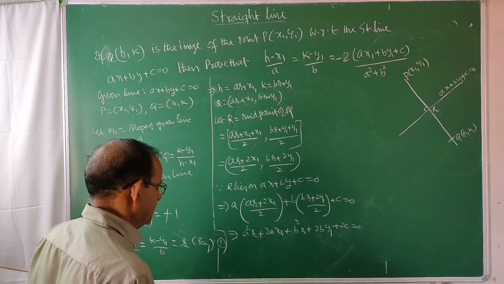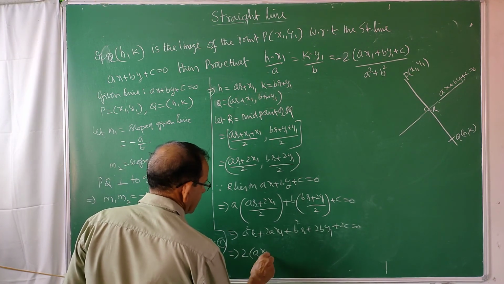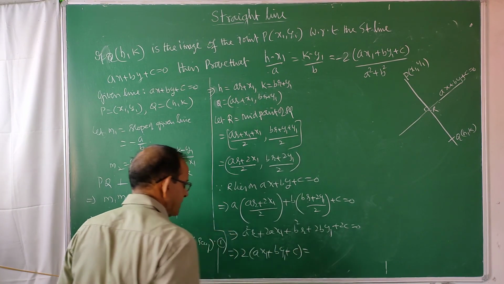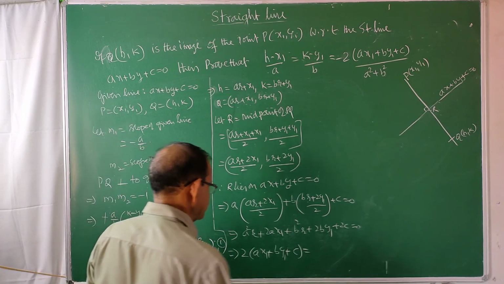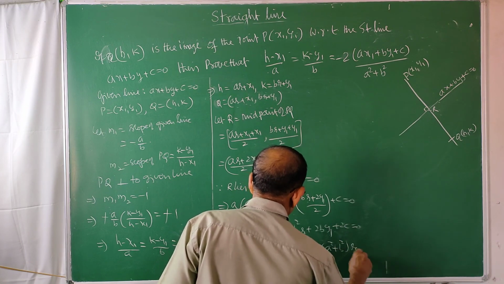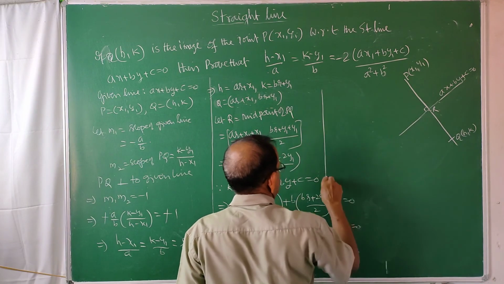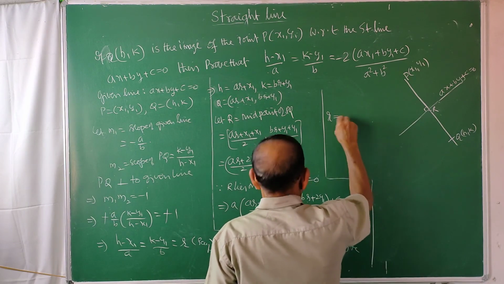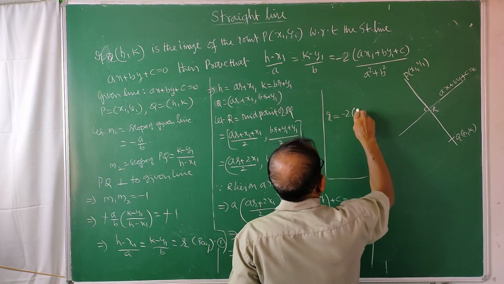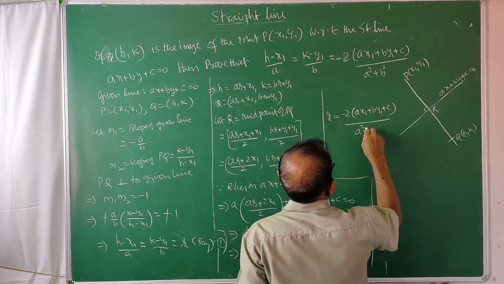Now, you take 2 common first, 2 into AX1 plus BY1 plus C is equal to, bring R, A square terms to the right side, minus of A square plus B square into R. So, what is the value of R? R is equal to minus 2 into AX1 plus BY1 plus C by A square plus B square.